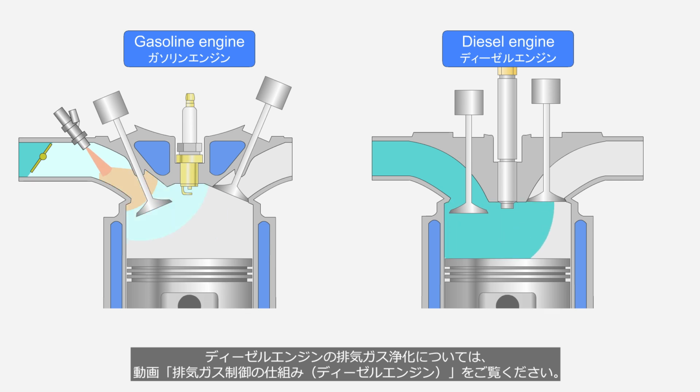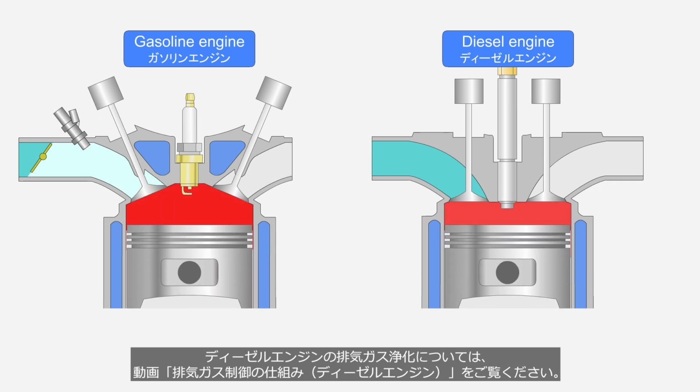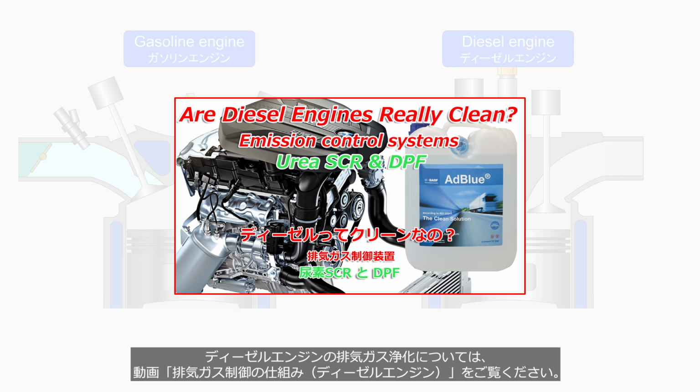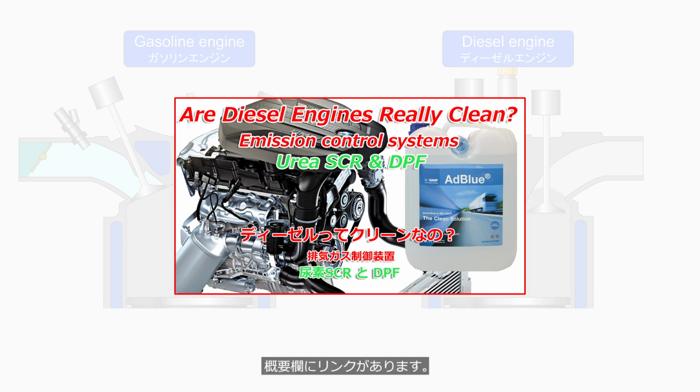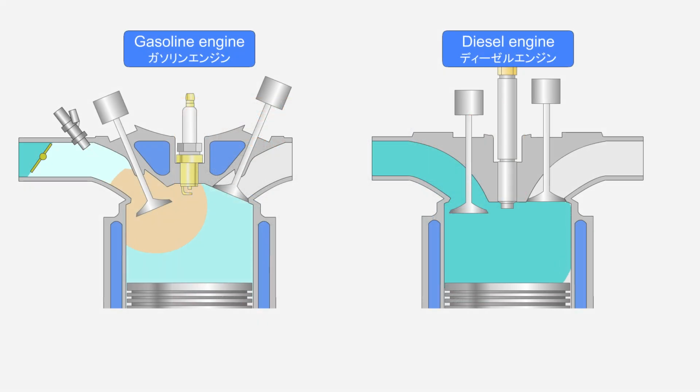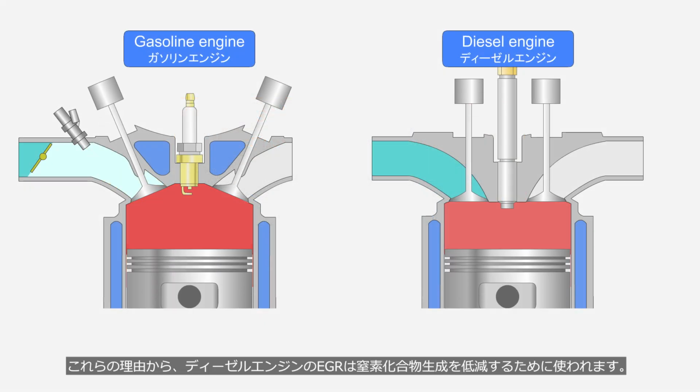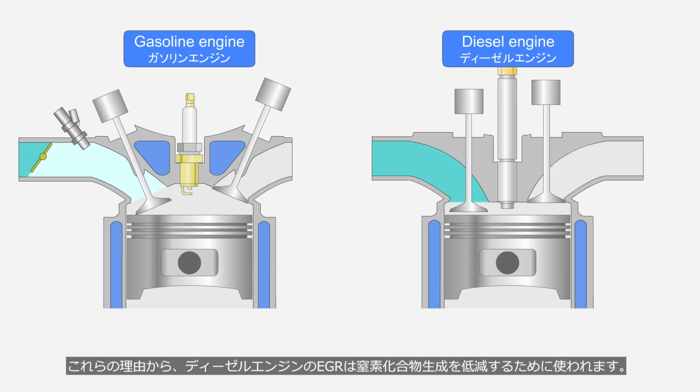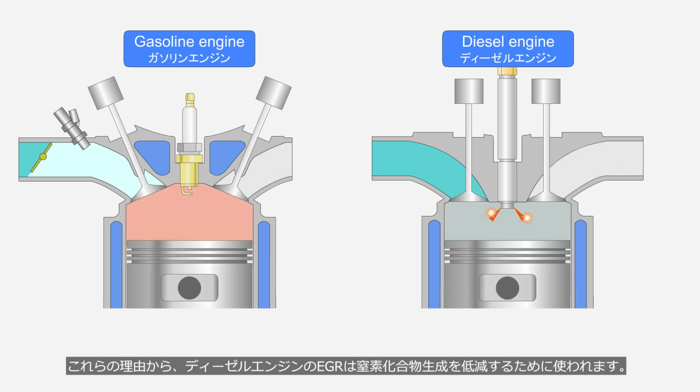If you would like to learn more about diesel engine exhaust gas purification, please watch the video, Emission Control Systems, Diesel Engine, How They Work. The link is in the description. For these reasons, the EGR in diesel engines is used to reduce the generation of nitrogen compounds.